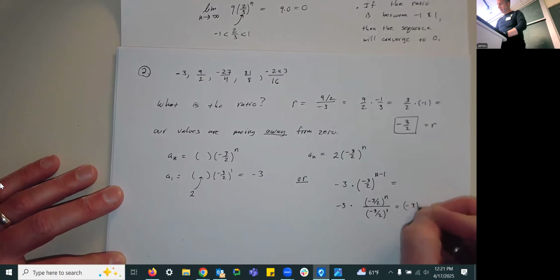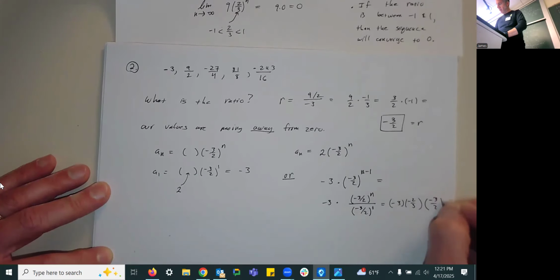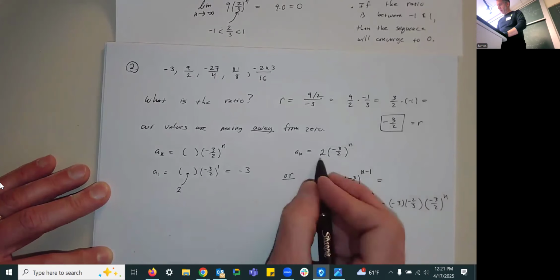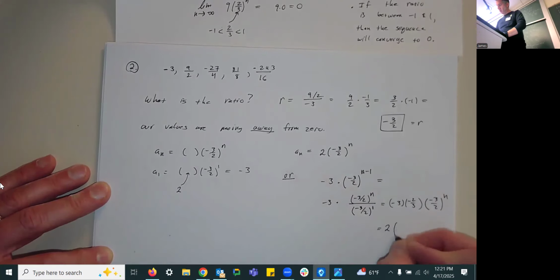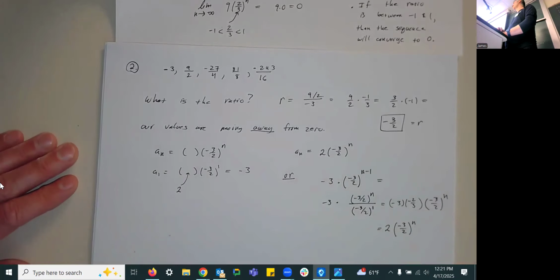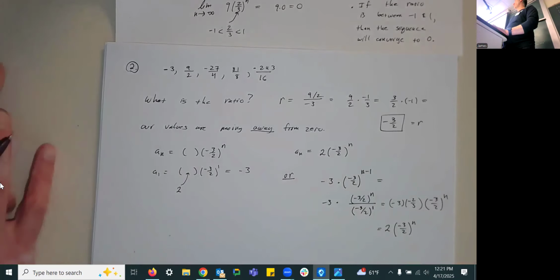You get negative 3 times negative 2/3 times negative 3/2 to the n, which is the same thing we found here. That's positive 2 times negative 3/2 to the nth power. Neat. So I just want to point out there are lots of different ways to find the formula for a sequence, and it depends on how you feel about it.